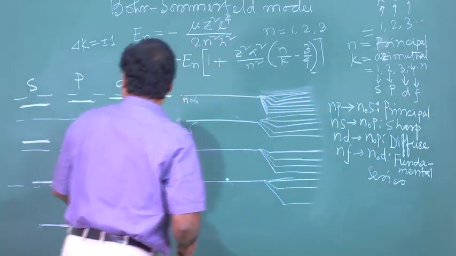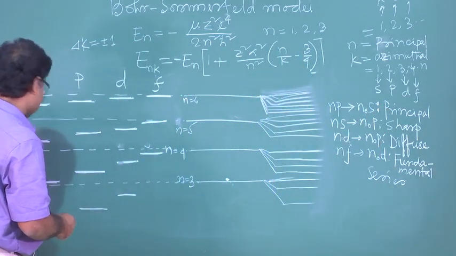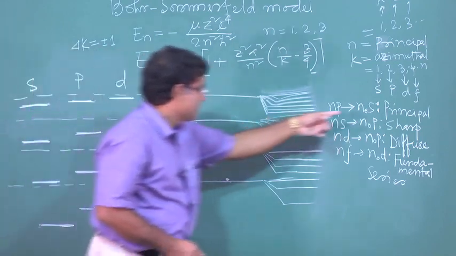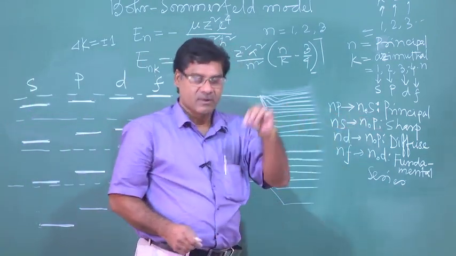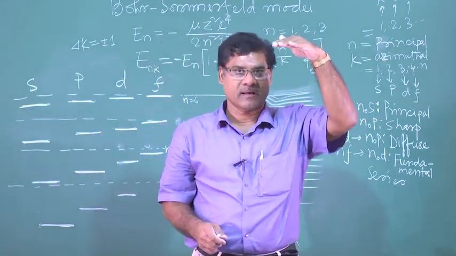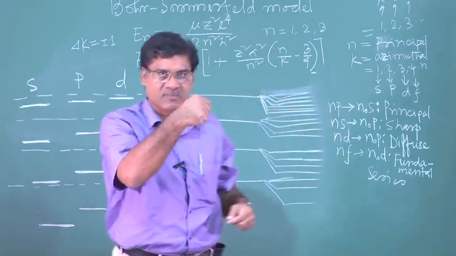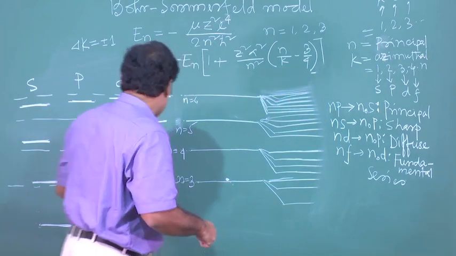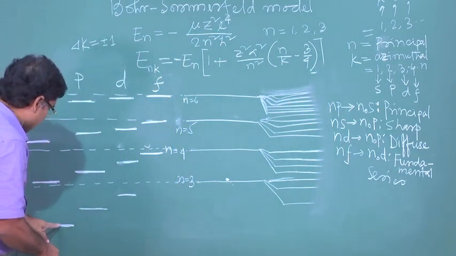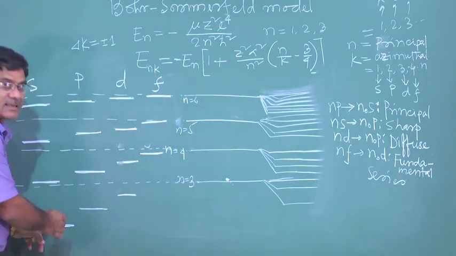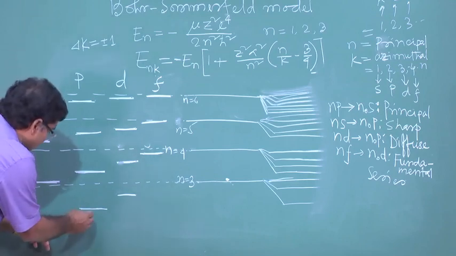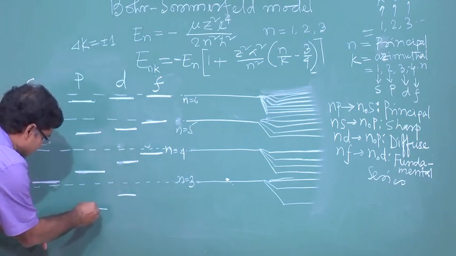So, this is the P line and this is the S line. The target n0 is the lowest level, reached from different higher energy levels. So, it will jump to the lowest one. Here you can see this is the S line, this is the S line. From P to S, this transition is allowed.